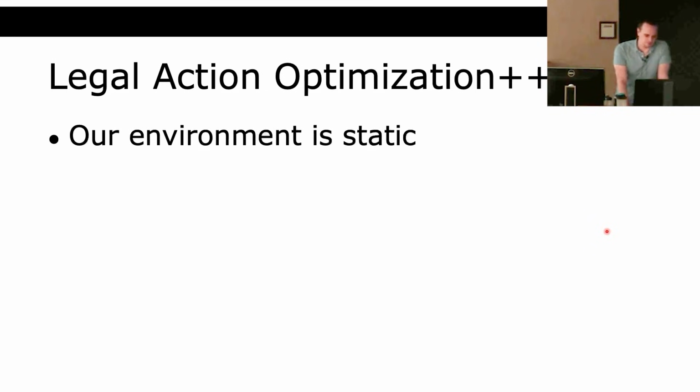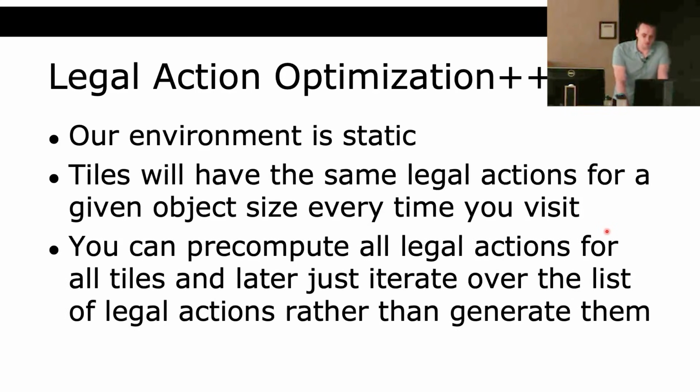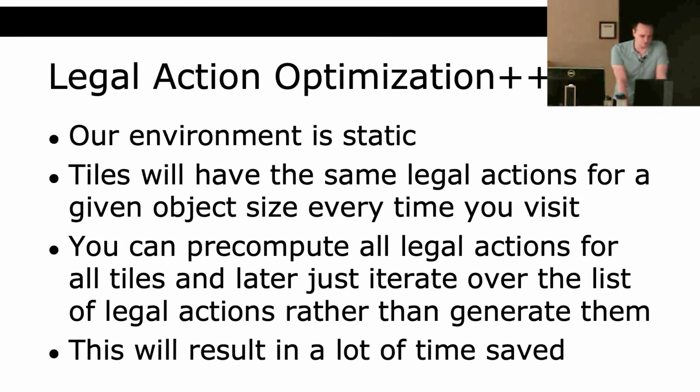Here's another legal action optimization. Our environment is static. It never changes. Tiles will have the same legal actions for a given object size every time you visit them. So you could just pre-compute all the legal actions for all the tiles and just iterate over that list of legal actions every time you do a search. This will result in a lot of time saved.